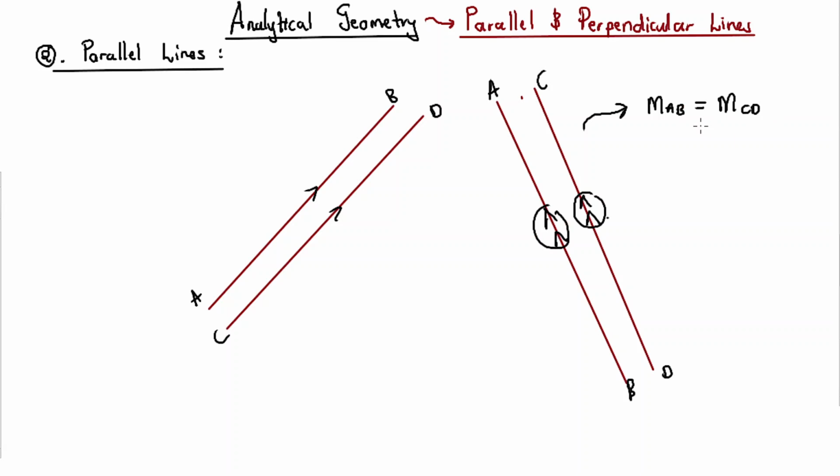Even here, gradient AB is also going to be equal to gradient CD. So for parallel lines, the gradients are always equal.